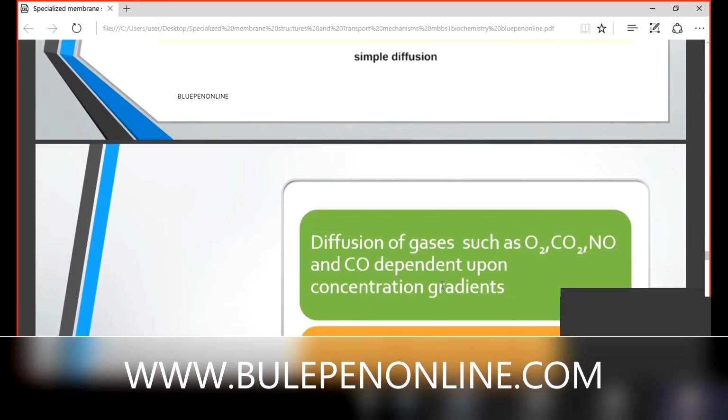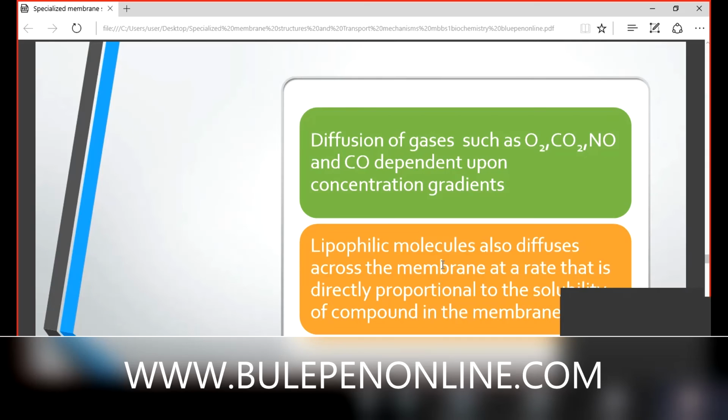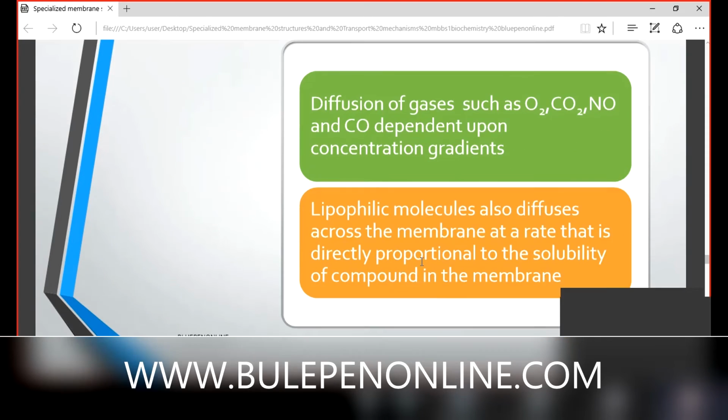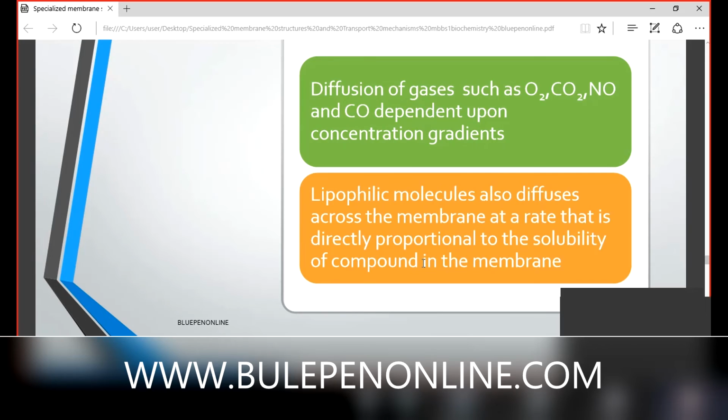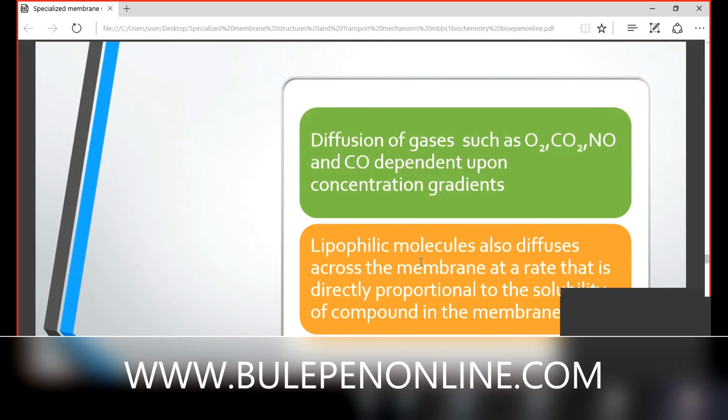Next, diffusion of gases such as oxygen, carbon dioxide, NO, and CO depends upon the concentration gradient. Lipophilic molecules also diffuse across the membrane at a rate that is directly proportional to the solubility of the compound in the membrane. I think you are clear with simple diffusion.